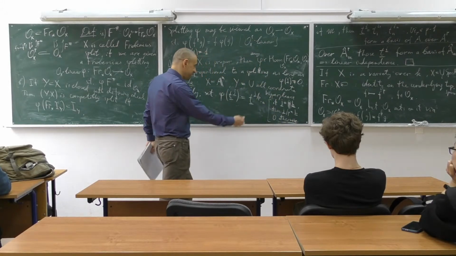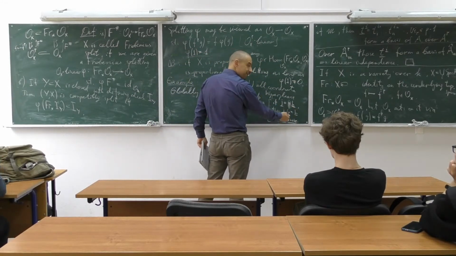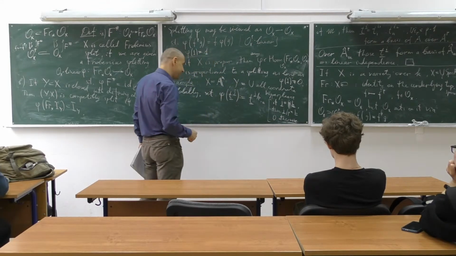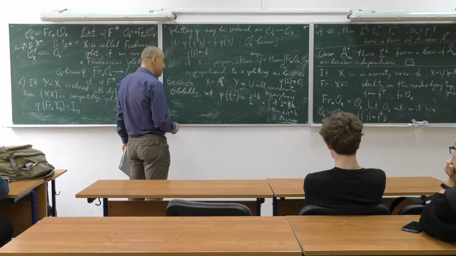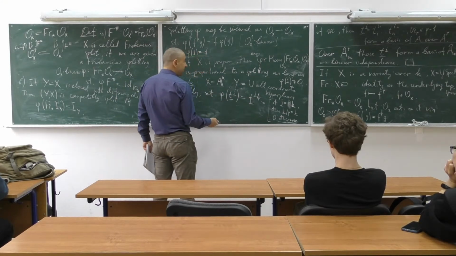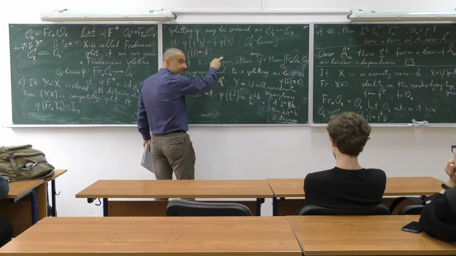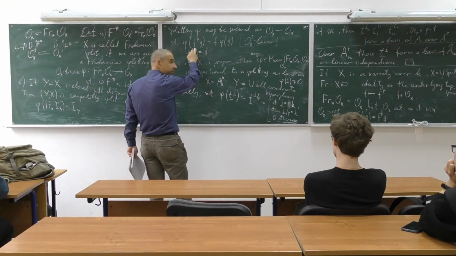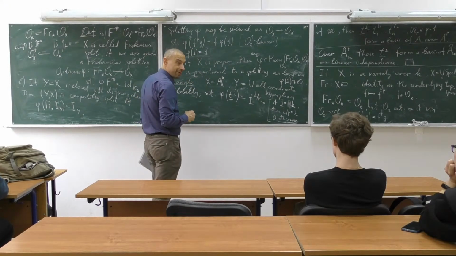So if it's divisible by p, then we just divide. If it's not divisible, then forget it. So that's at the level of global sections, and you see that it's linear over pth powers of functions.